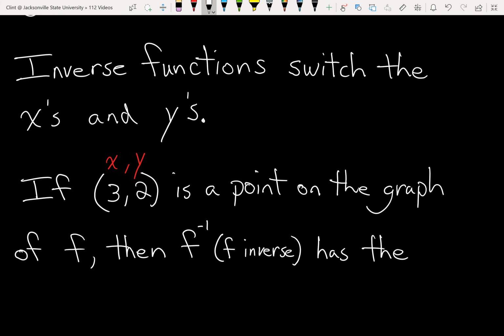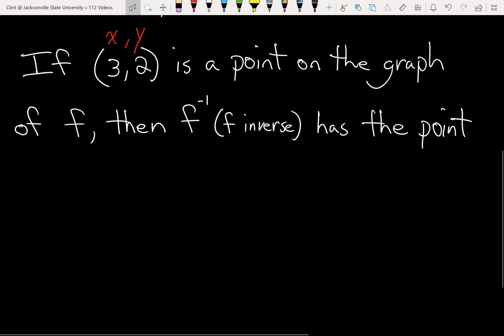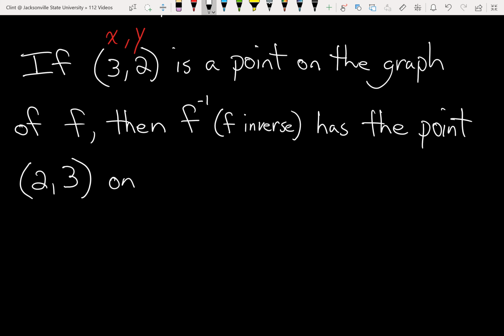Then we know automatically, if we know a point on the graph of f, then we know a point on the graph of f inverse, because to get f inverse, we're just going to switch x and y. So if f has the point 3, 2 on it, then f inverse has the point 2, 3. We just switch x and y. Anytime you have a point on one, you can figure out a point on the other just by switching x and y.